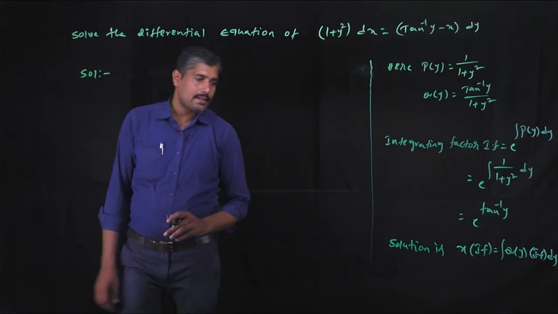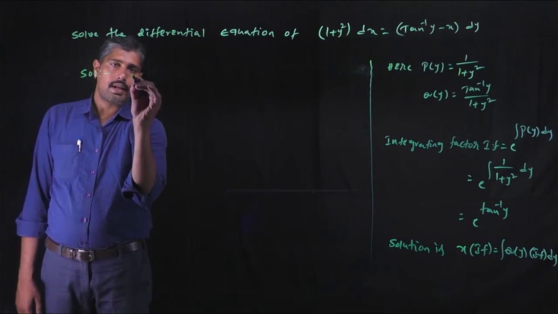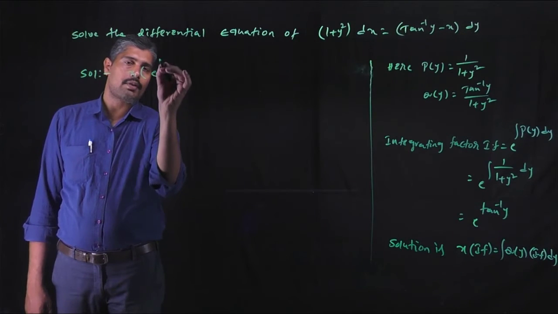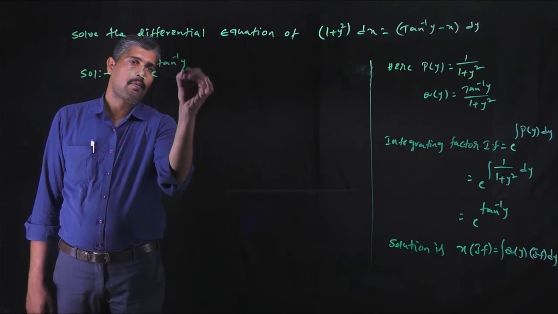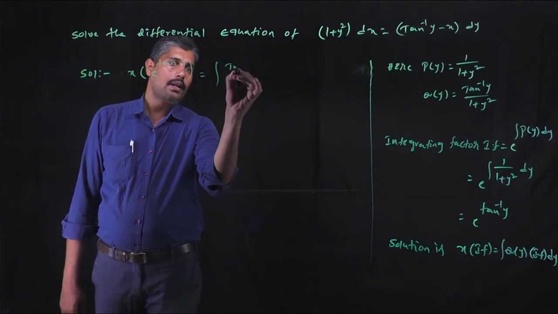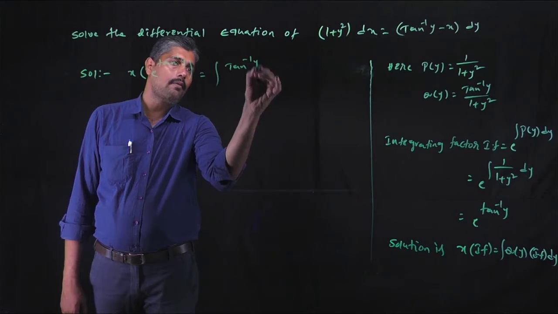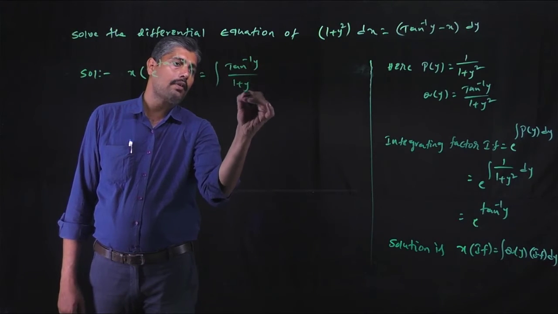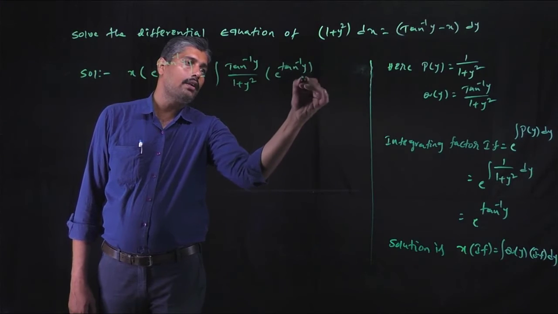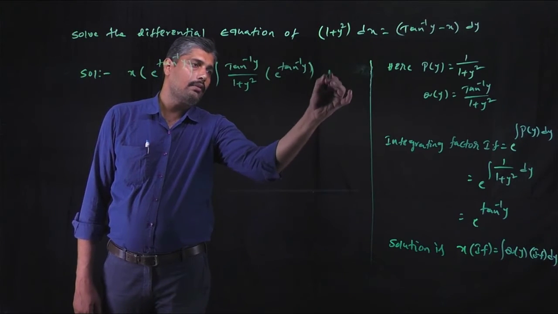That is x into e power tan inverse of y equals the integral of tan inverse of y by 1 plus y square into e power tan inverse of y dy. Right?